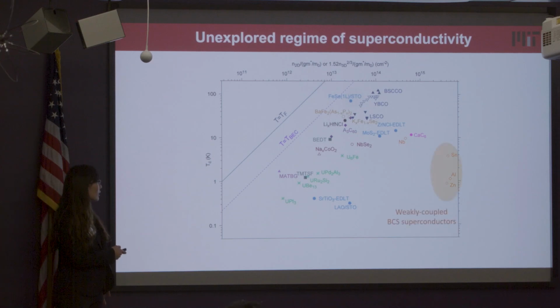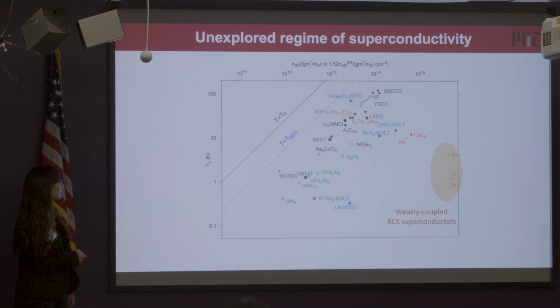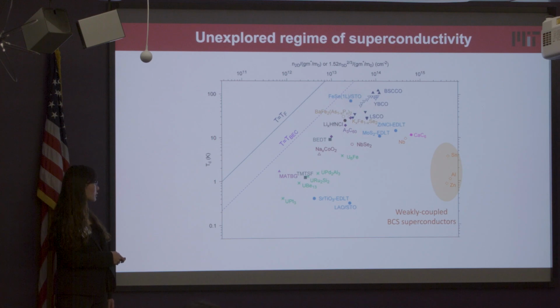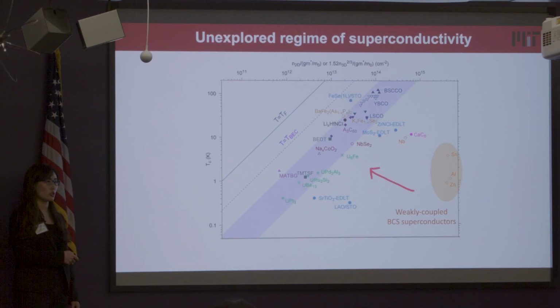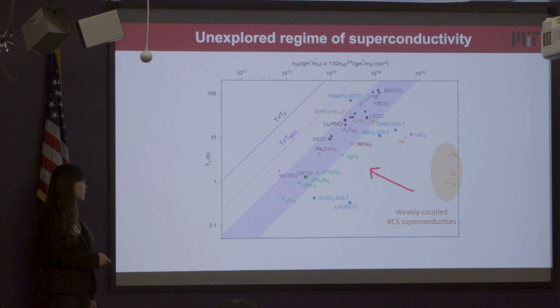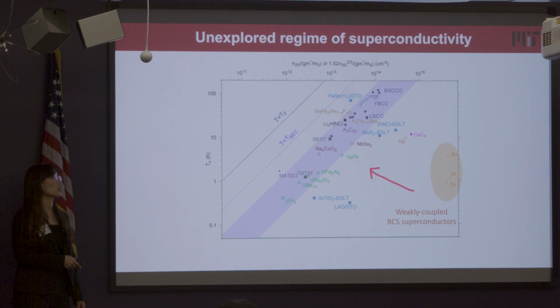So if you look at this lower right region with relatively higher electron density and low TC, there is a group of materials called weakly coupled BCS superconductors like aluminum. And now if you try to go to the upper left corner, there is a bunch of materials that fall into this band region that has relatively lower electron density and higher TC in comparison to the weakly coupled BCS superconductors.